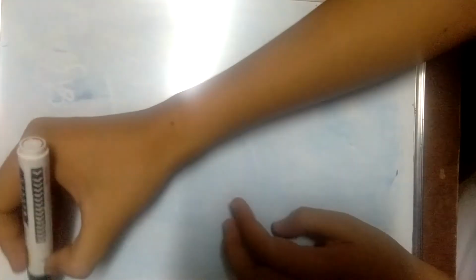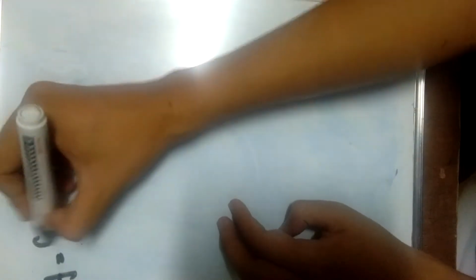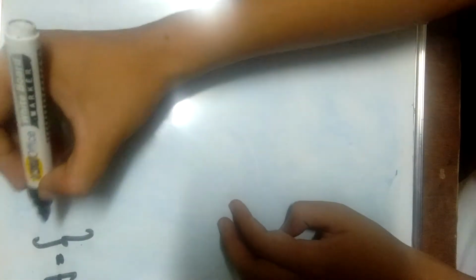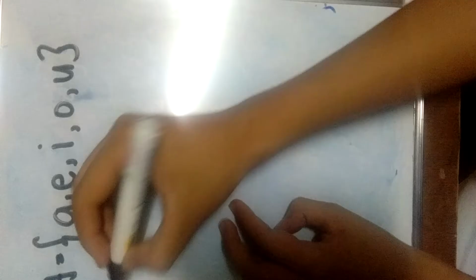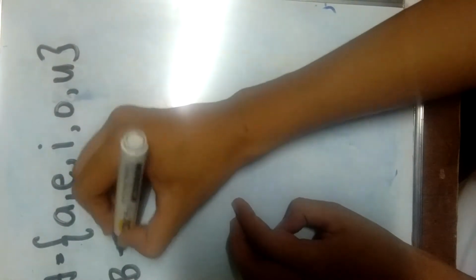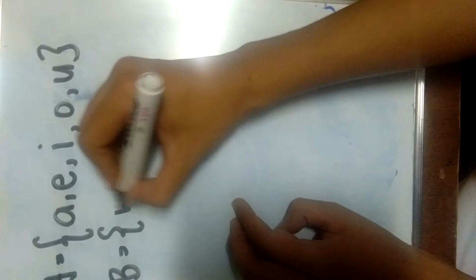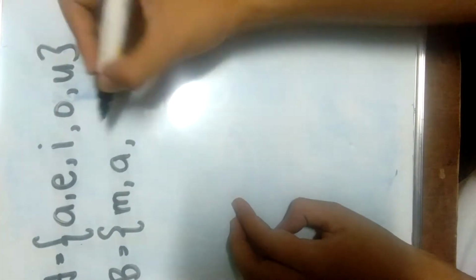Let's say set A has the elements A, E, I, O, and U, while set B has the elements M, A, R, K. So let's draw a Venn diagram.